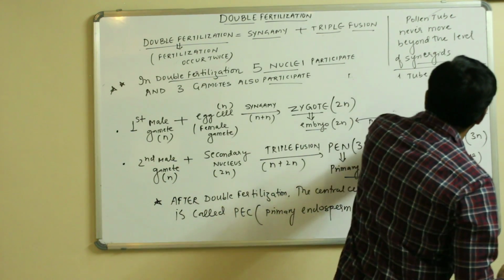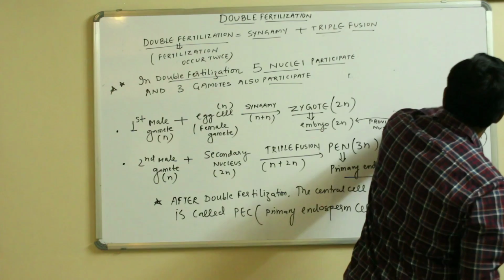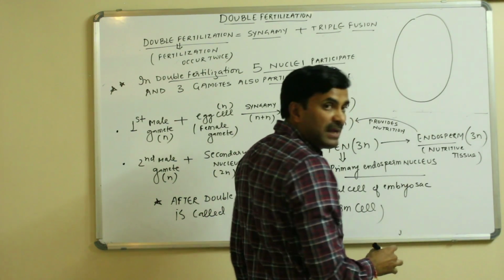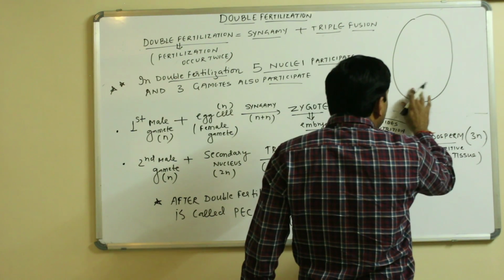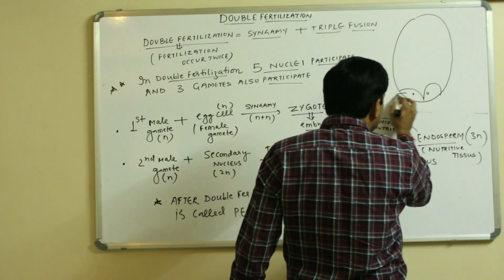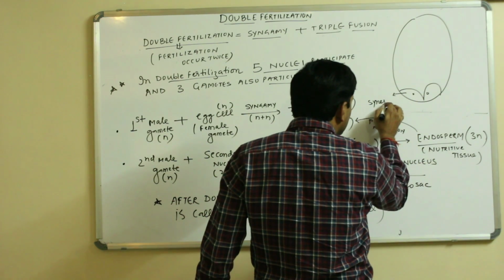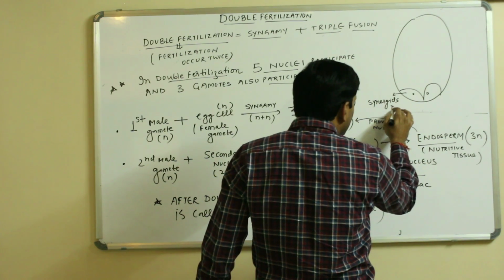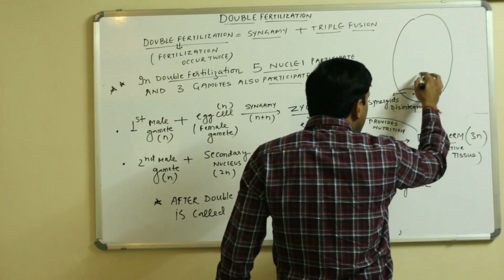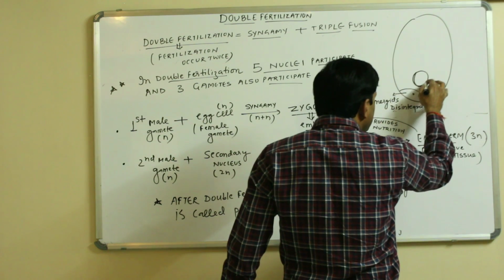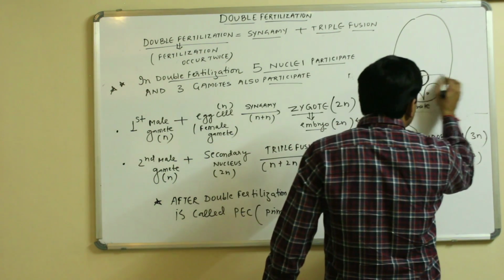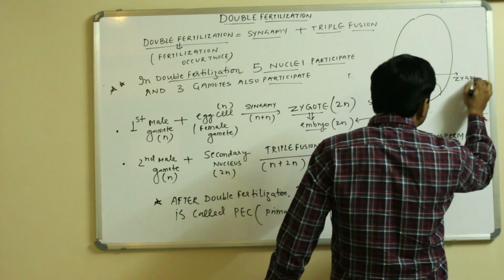So what happens now? See here, after the fertilization you can see the embryo sac seems to be like this. The synergids will disintegrate. Here the egg cell was there, which has been fused with the male gamete to form the zygote.